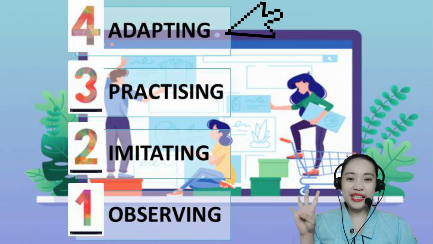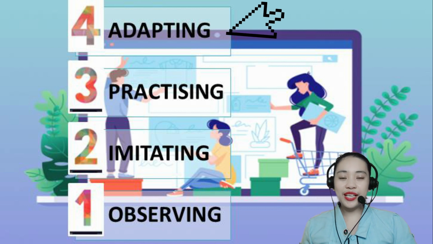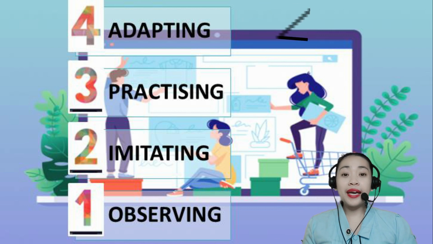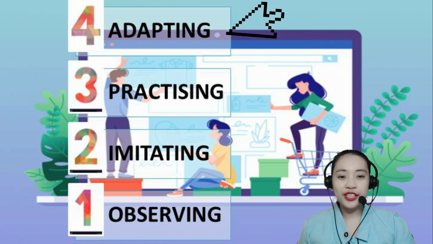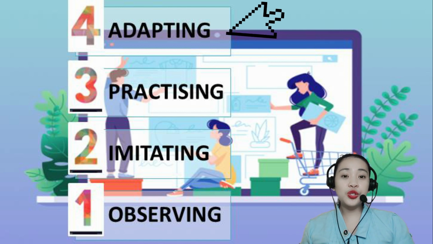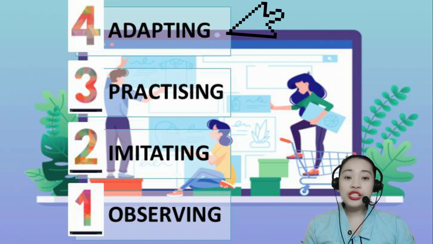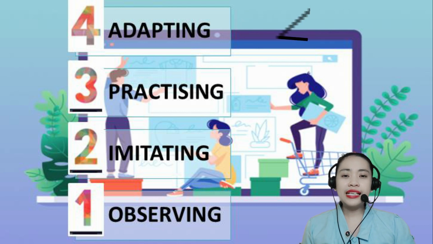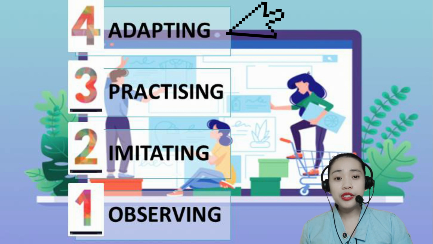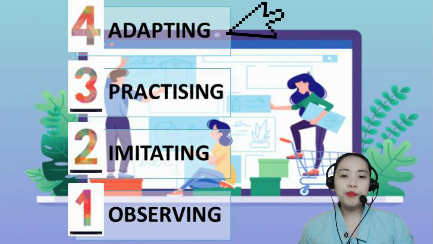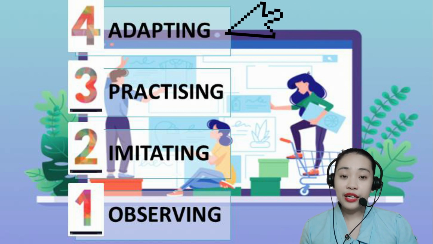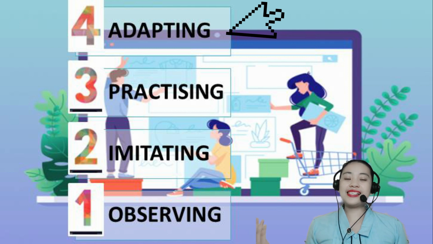And fourth level is adapting. This includes fine-tuning, making minor adjustments in the physical activity in order to perfect it. The skill is perfected. A mentor or a coach is often needed to provide an outside perspective on how to improve or adjust as needed for the situation. That's it!